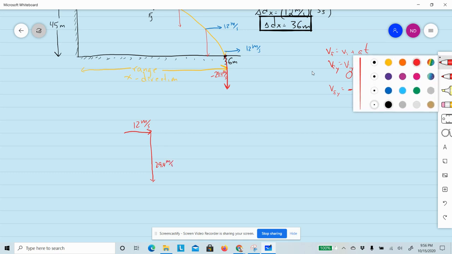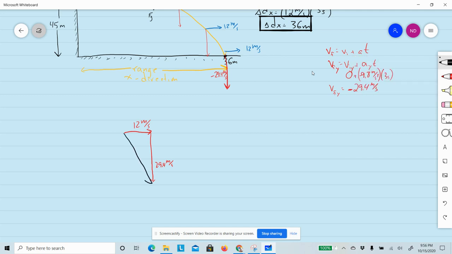The resulting velocity vector is there. You got to use Pythagorean. 12 meters per second squared plus 29.4 meters per second squared. Take the square root of that.